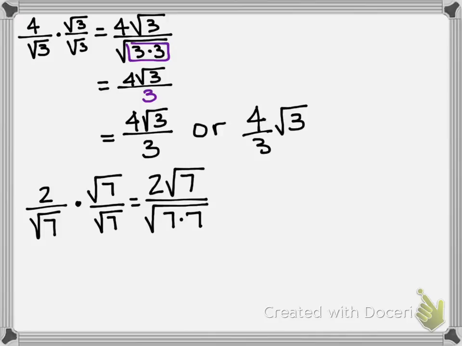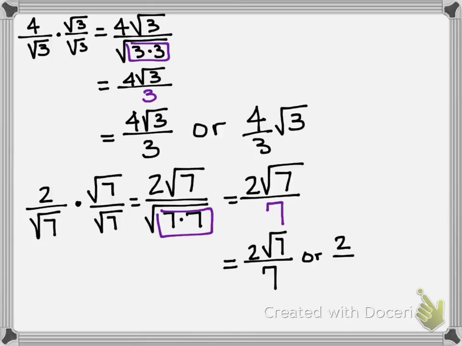And we get 2 square root of 7. And since square root of 7 times square root of 7, and since we're looking for a group of 2's, okay, we get 2 square root of 7 over 7. Or 2/7 square root of 7. Alright.